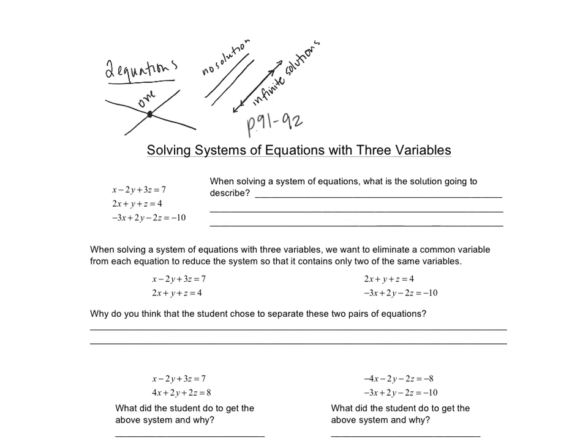Now for a system of equations in three variables, each equation represents a plane. So you can imagine a piece of paper. Three equations and three variables ends up looking a little bit differently.